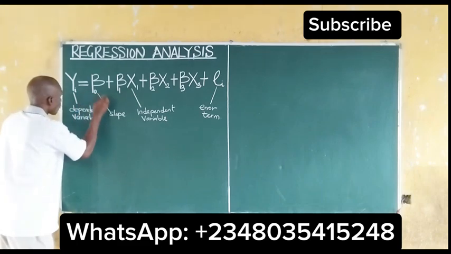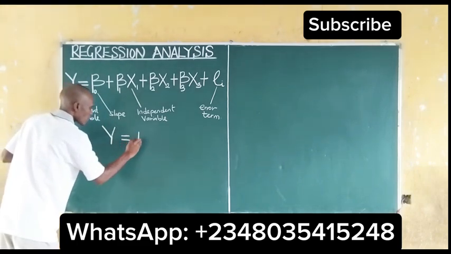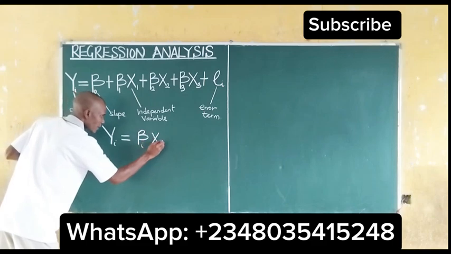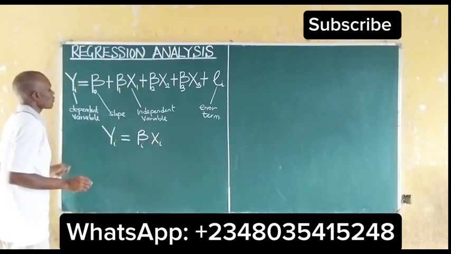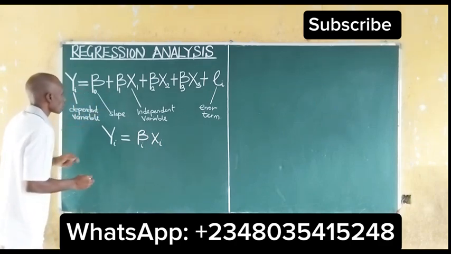First, from what is given, we know that y is equal to b and x. So the first thing to do is to take the sum.